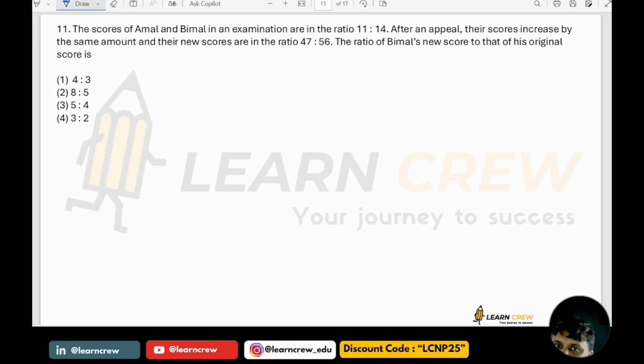So 11 is to 14. One is 11x, the other is 14x. Initially 11x and 14x. When each is increased by some y, the ratio becomes 47 is to 56.